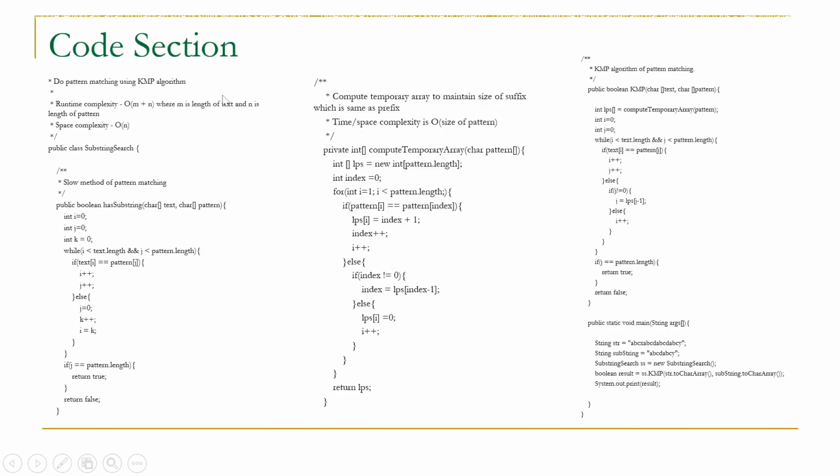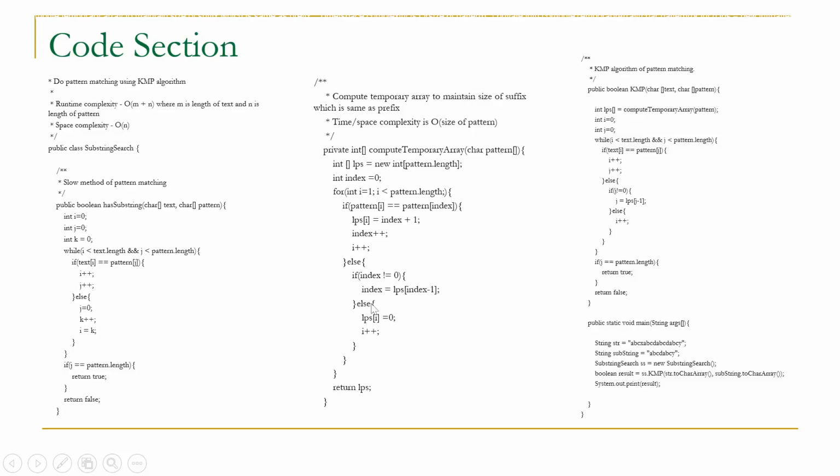Let's move on. This is the code section. Now we can see this is the code, and this is the substring. This is the loop and the block of code, and this section is for making the suffix or same prefix.